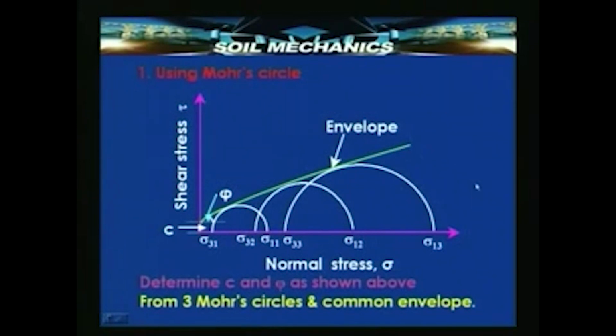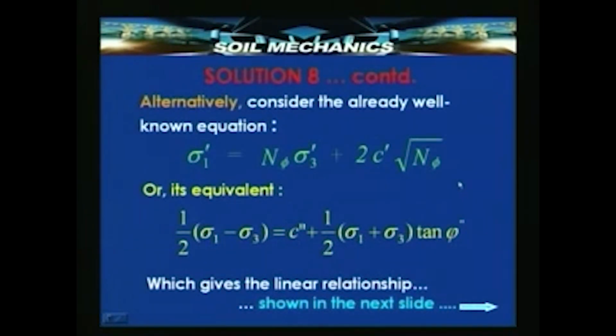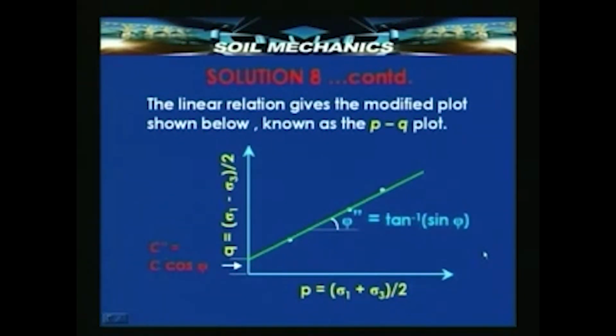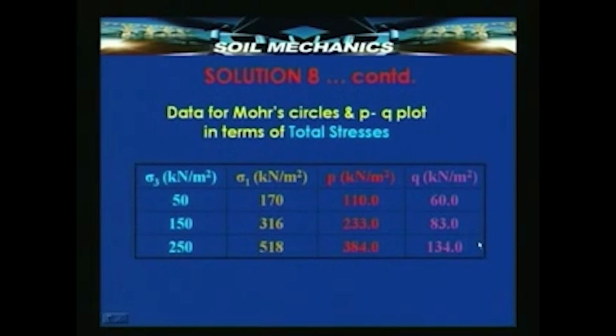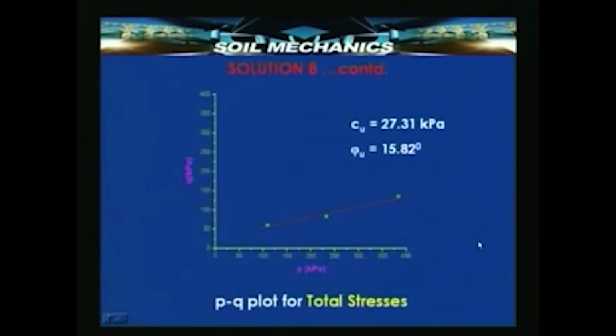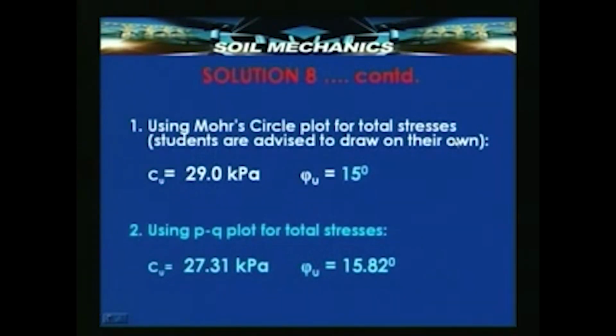Here is the Mohr circle plot, and from the Mohr circle plot and using the analytical relationship and also by using the PQ plot, we got the values of cohesion and friction. Here the PQ plots are shown, and the Cu and phi u values corresponding to total stress PQ plot are also displayed, and the Cu and phi u values from the Mohr circle plot and the PQ plot are shown here.